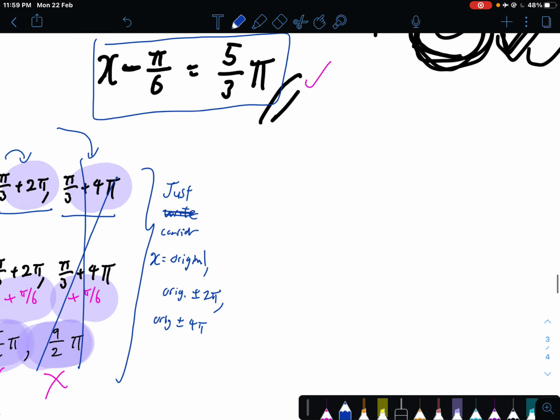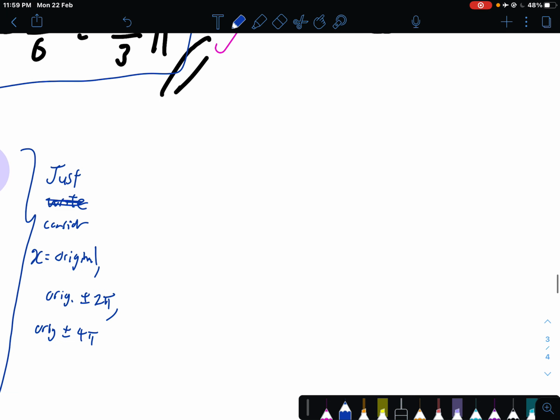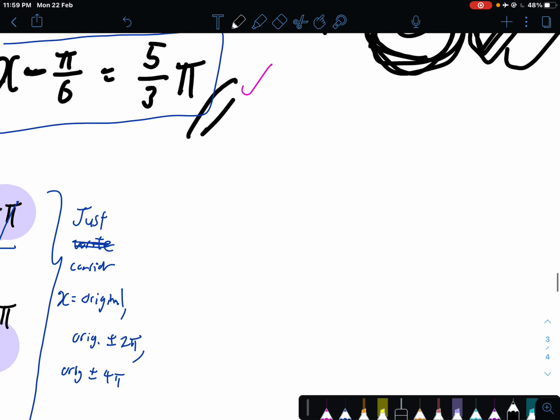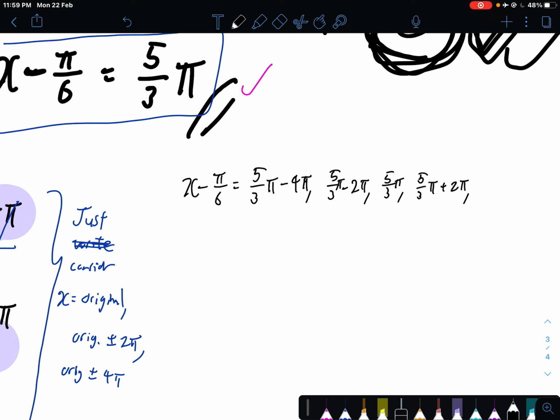I'm going to rewrite it manually, it's easier to see. x minus pi by 6 equals the original minus 4 pi, the original minus 2 pi, the original, the original plus 2 pi, the original plus 4 pi.